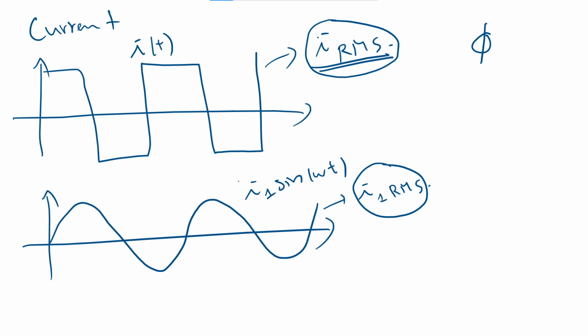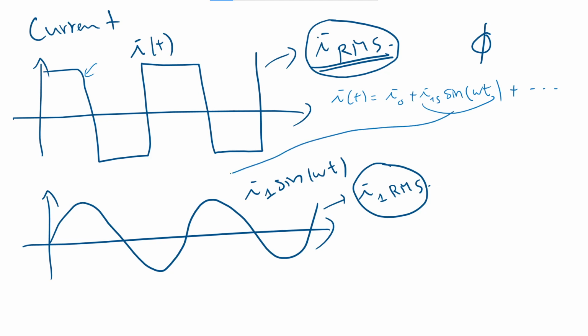Here, just to illustrate again, if you have a periodic current and you expand it by series, I of t equals I0 plus I1, which is the amplitude I1 times sine omega t, plus the higher terms.